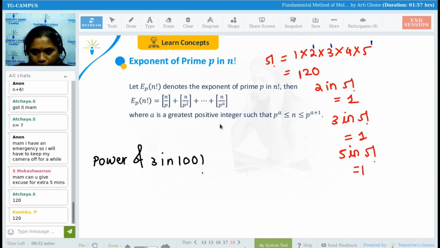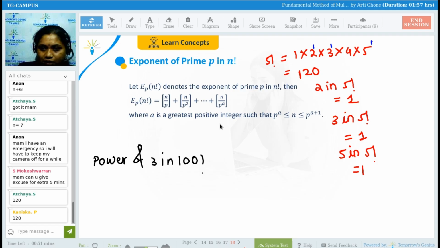Is it that feasible? No. So we have to do this with a formula. The exponent e3 of 100 factorial will be equal to 100 upon 3, plus 100 upon 3 square, plus 100 upon 3 cube, plus 100 upon 3 to the 4. Clear? So now students will ask, ma'am, how many powers do we have to take?